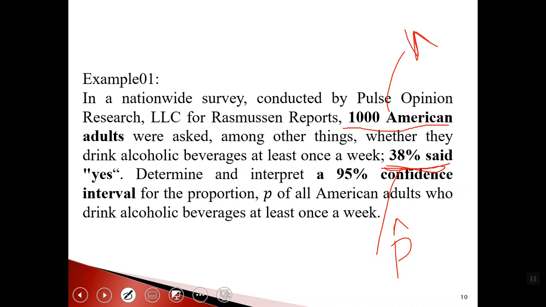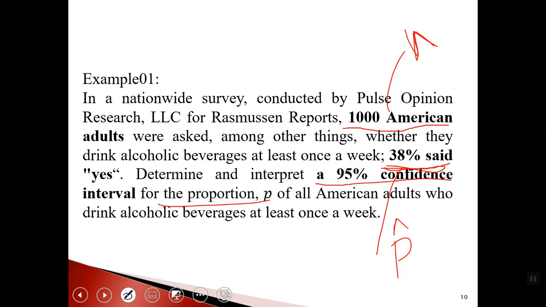And they have given a 95% confidence interval for the population p.